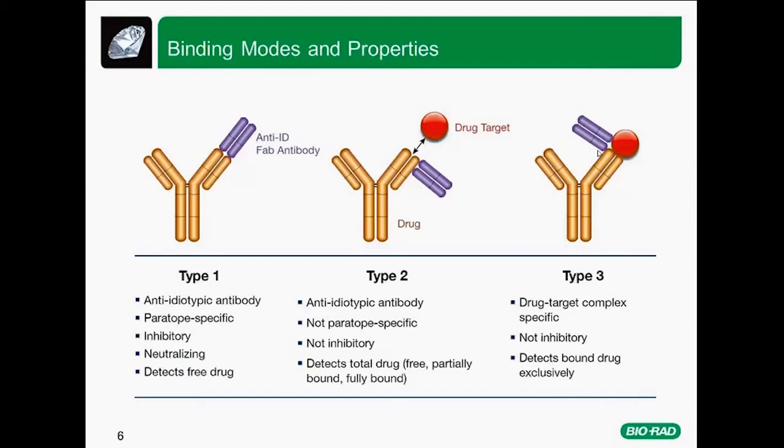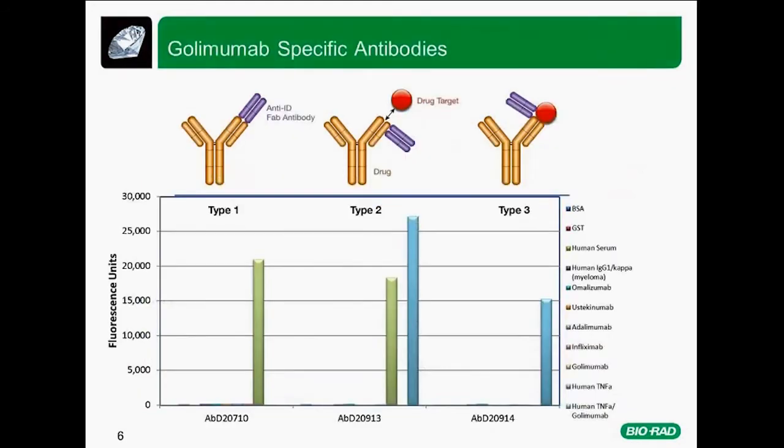And I will show you in the next slides examples for all 3 types and how we distinguish these in different assays. The first assay we use is typically an ELISA, and here is an example where for Golimumab we found all 3 types of anti-idiotypic or anti-drug antibodies.